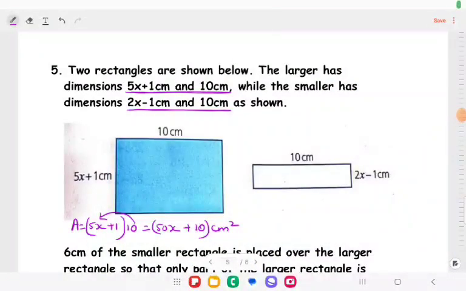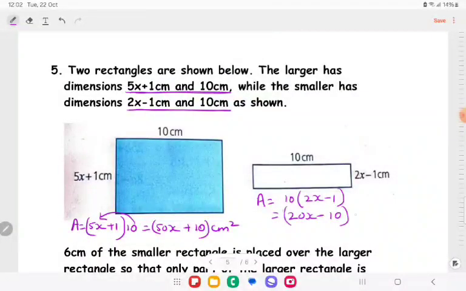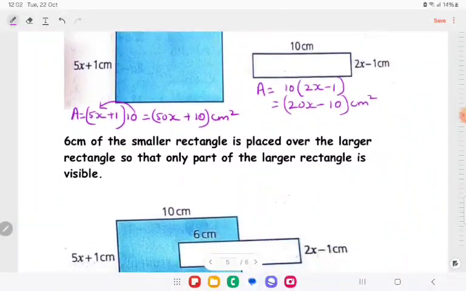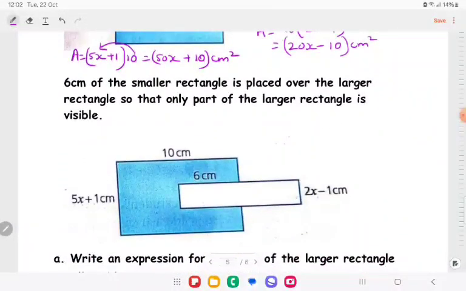What is the area of the next one? Area is equal to 10 into 2x minus 1. So it's 20x minus 10 centimeters square. 6 centimeters of the smaller rectangle is placed over the larger rectangle so that only part of the larger rectangle is visible.